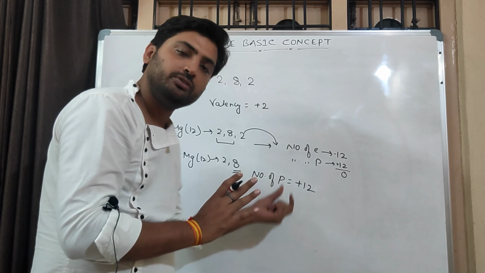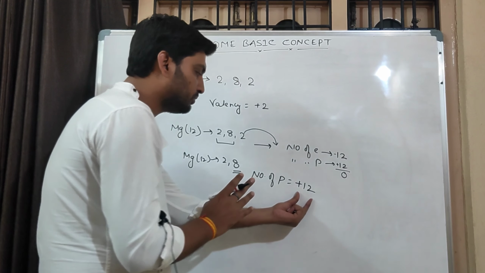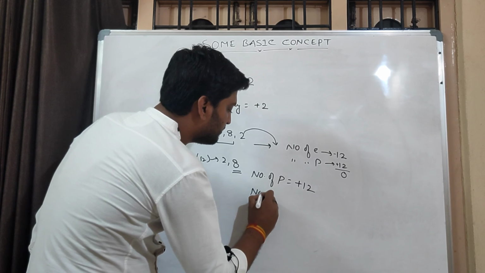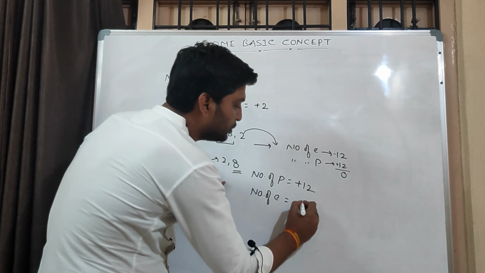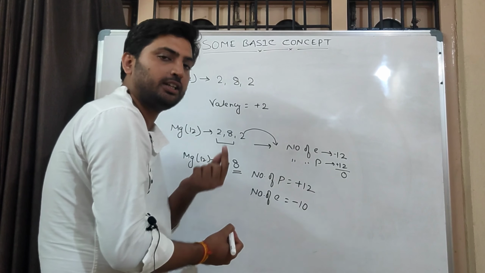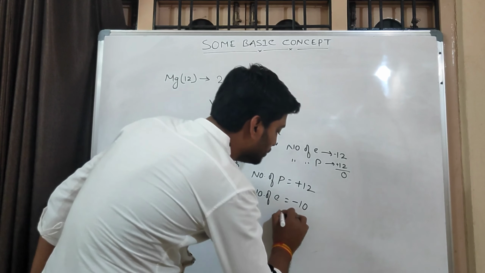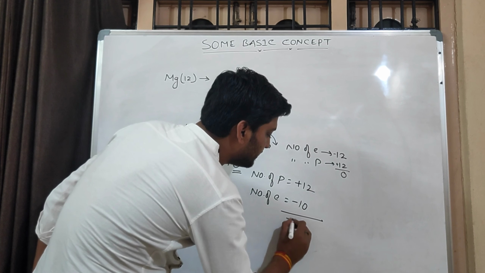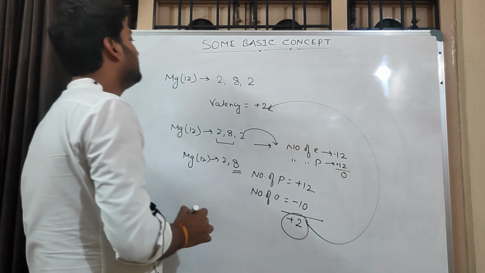The number of electrons is now 8 plus 2, which is 10, so the total charge on the electrons will be -10, because one electron has -1 charge. So +12 -10 becomes +2. That's why this +2 is the valency of magnesium.